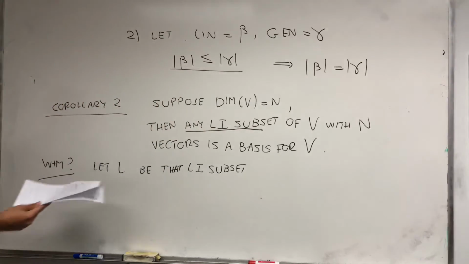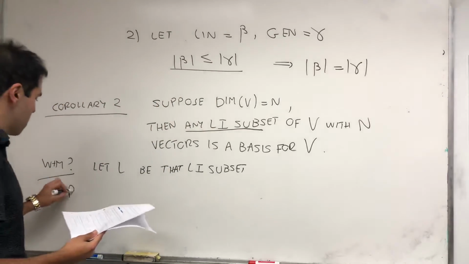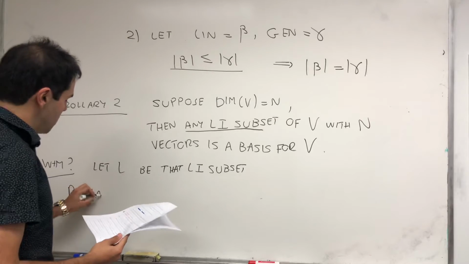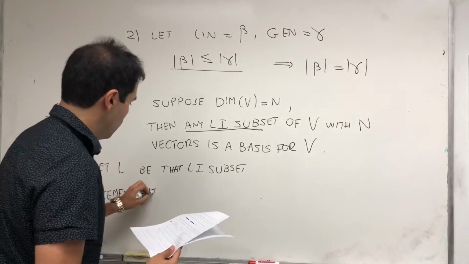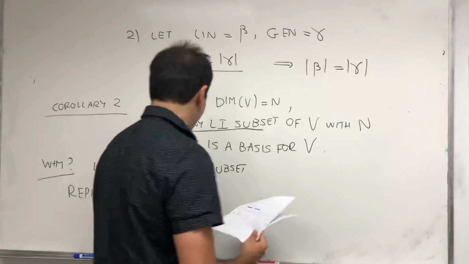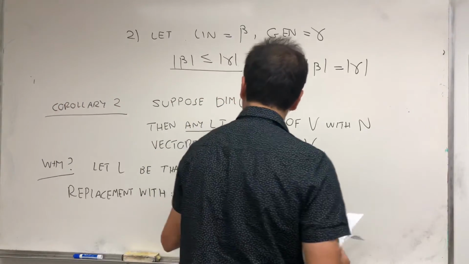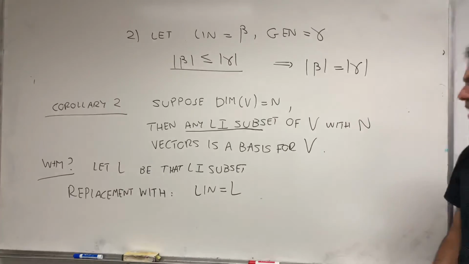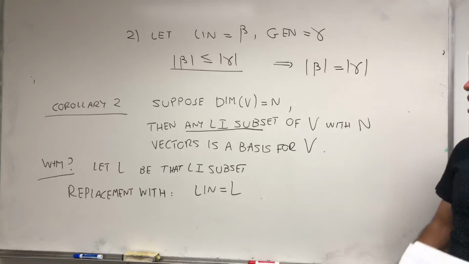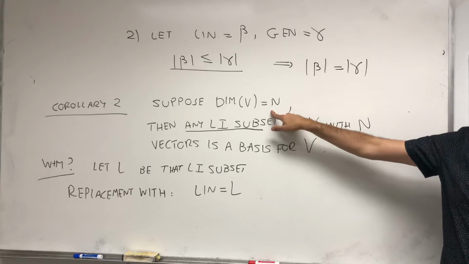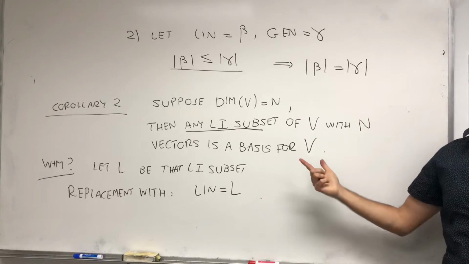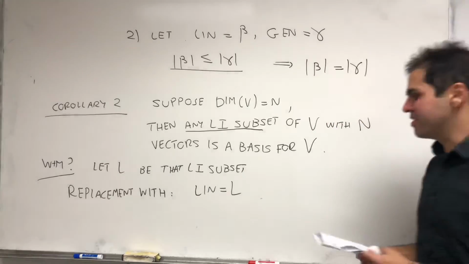Then all you have to do is use the replacement theorem with the following two things. We have our linearly independent subset, so lin is L. And the question is, what about a subset that spans? Well, because V is n-dimensional, you do have a nice subset that spans, namely a basis.